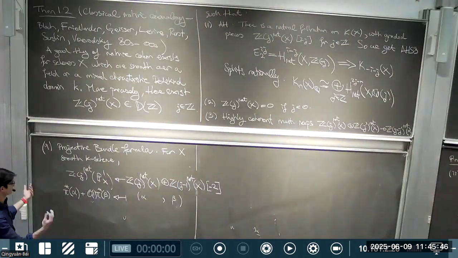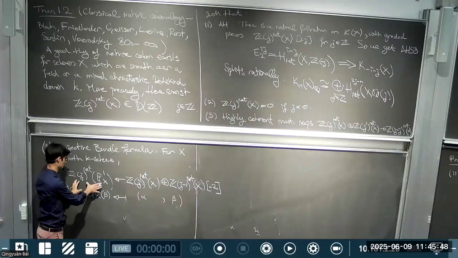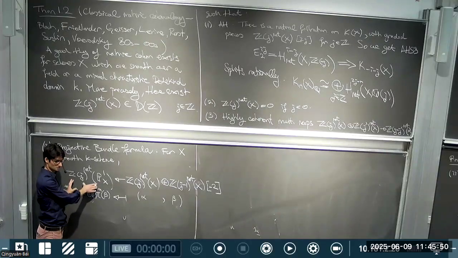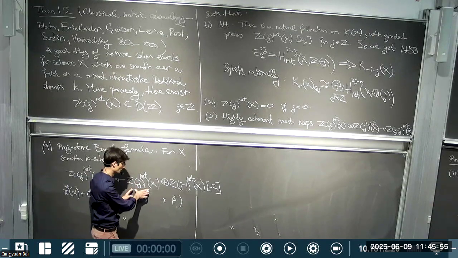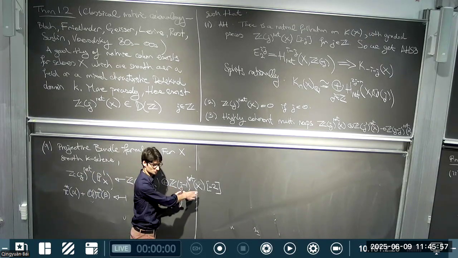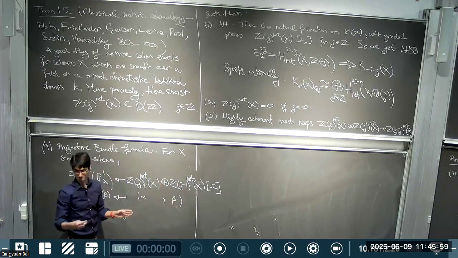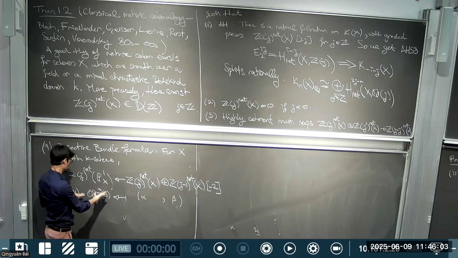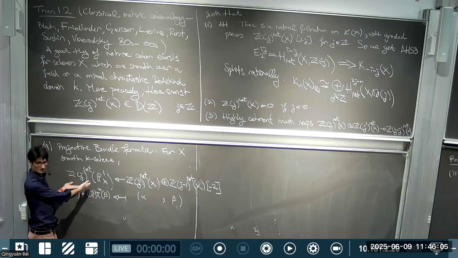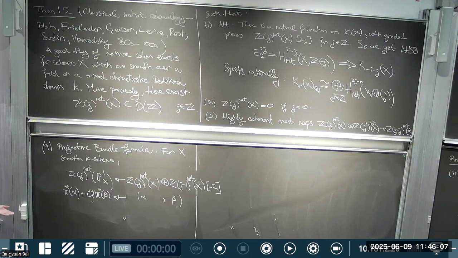So in this way, I have two obvious ways to produce classes in the cohomology of P1. I can either just pull things back from the base, or I can pull them back from a different shift and twist and multiply them by O(1). These are the two obvious ways to produce classes, and if I sum them up, I get all of the motivic cohomology of P1.